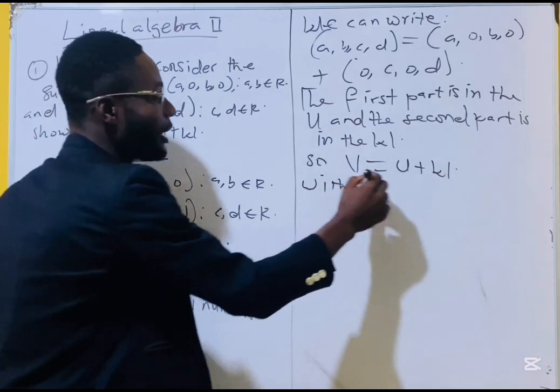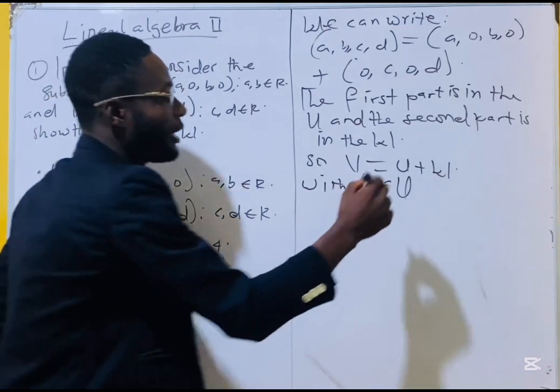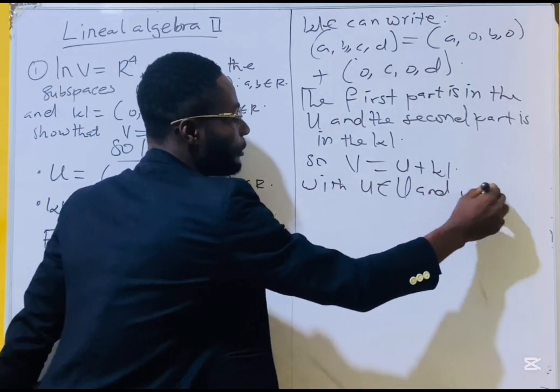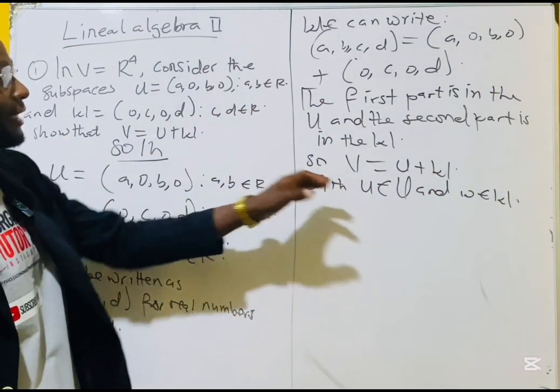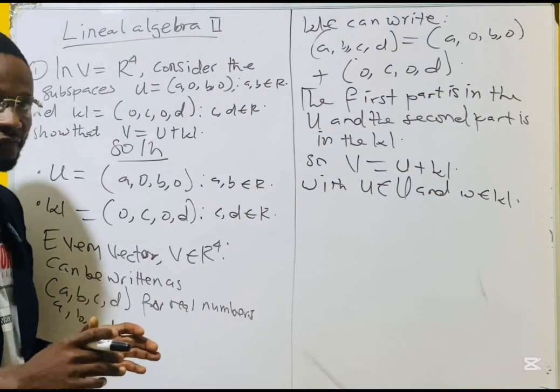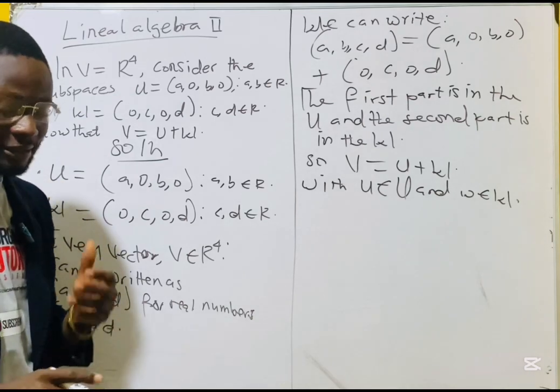With the small u that belongs to the capital U, and the small w that belongs to the capital W. Okay, so this is just a short proof. So that is the end of the work.